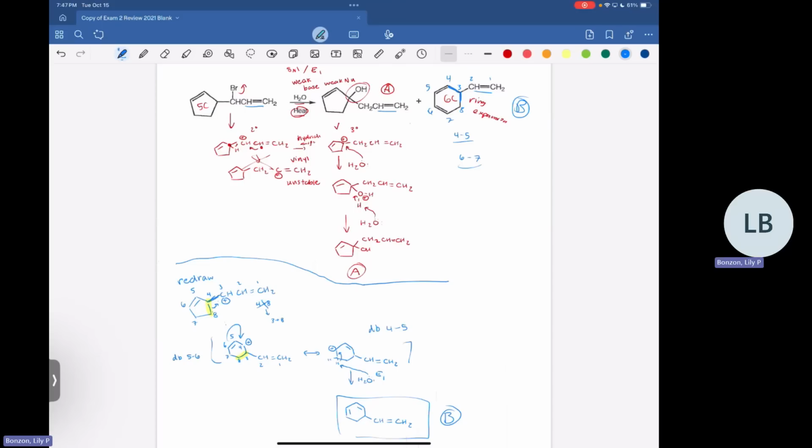And if you look at the second product, just above your final product, which you labeled A, could you explain that hydride shift? I'm going to wait a second for people to take a picture.